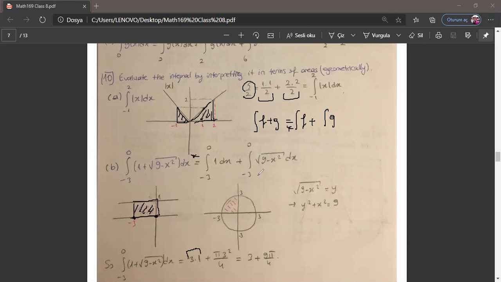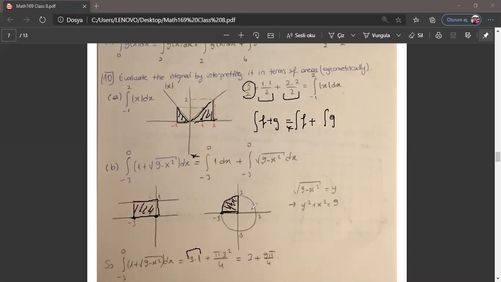So what about the second one? If we set it equal to y and take squares, we get this, okay? So this is the circle centered at the origin whose radius is 3, okay? As we have this interval from -3 to 0, we have only this quarter circle.